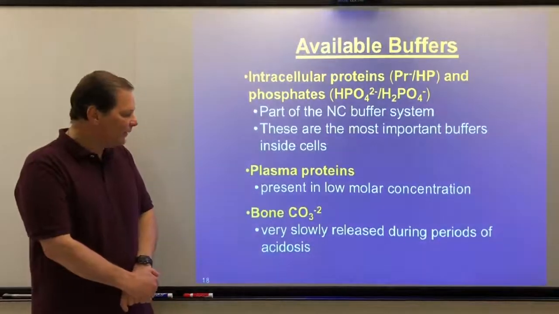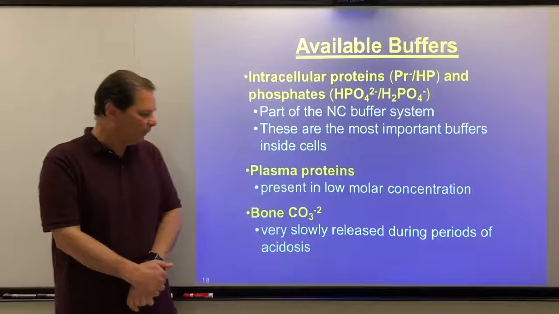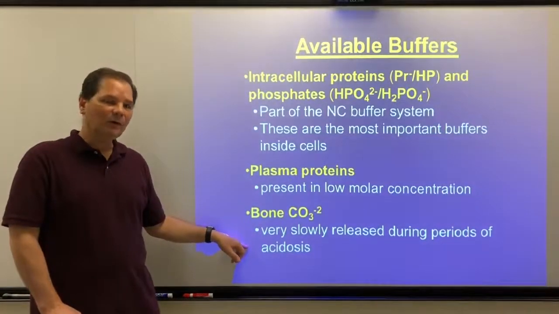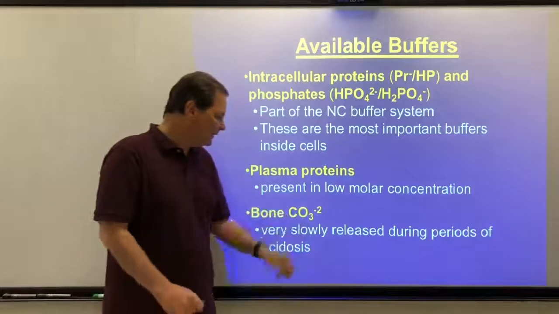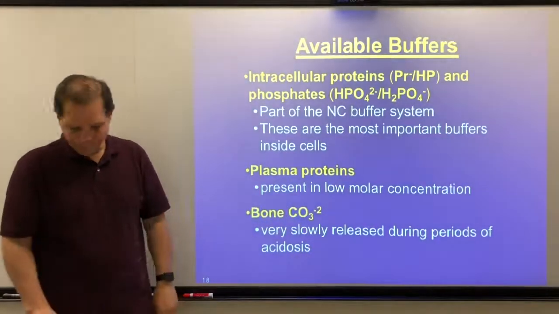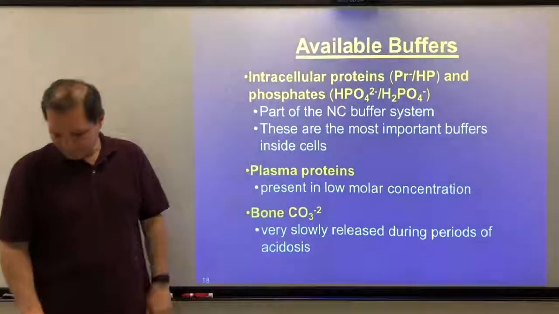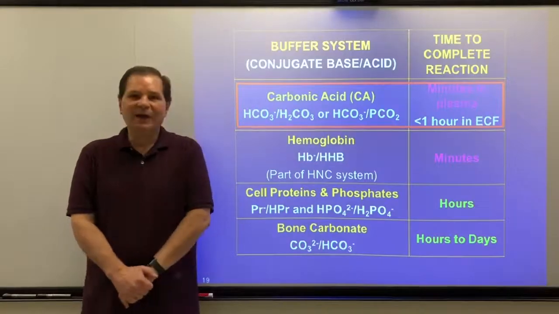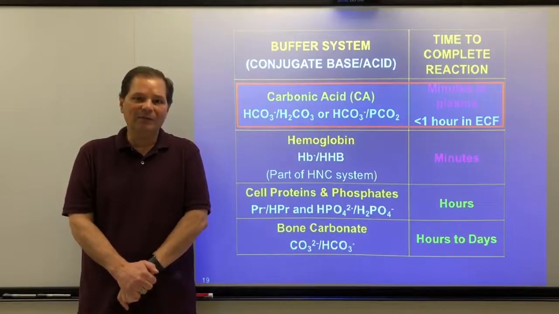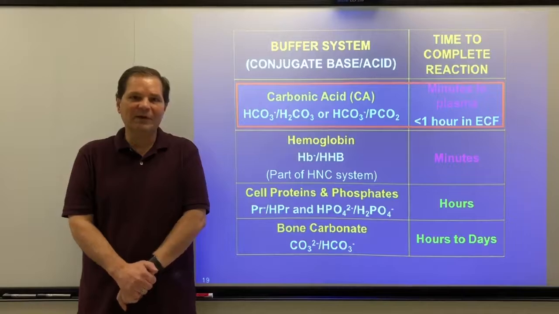And finally, we have bone carbonate. That's released from bone in the presence of an acidosis. It's really, really slow, but it happens. And this carbonate eventually becomes bicarb and participates in buffering, okay? So you can think of this as being bicarbonate. So now that we've talked about these buffers, let's talk about the time course of the response to a change in pH in our third video.